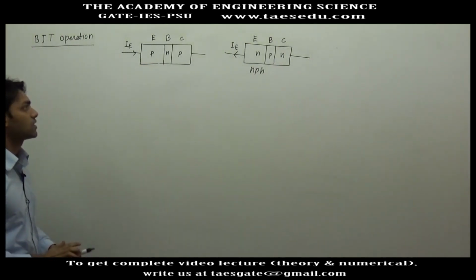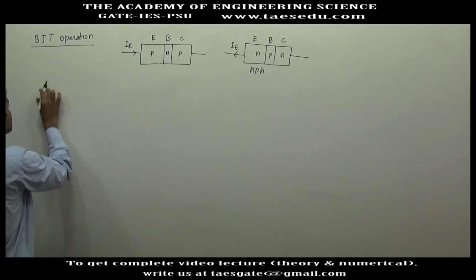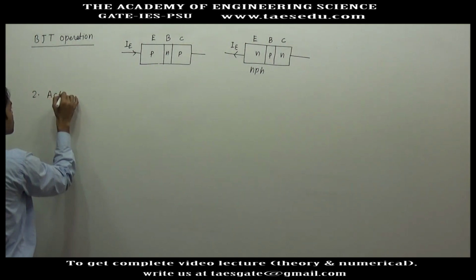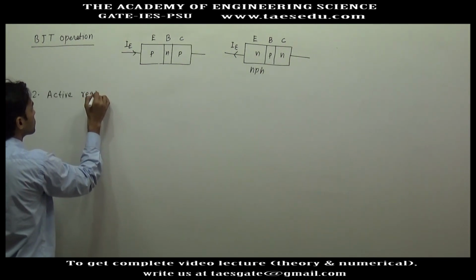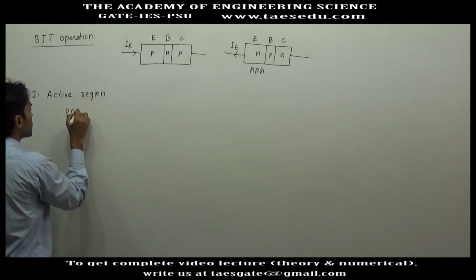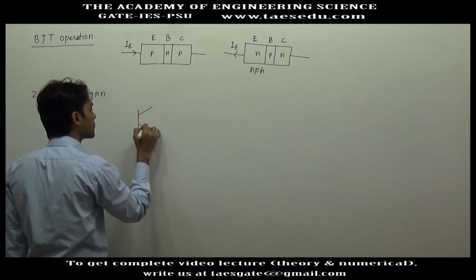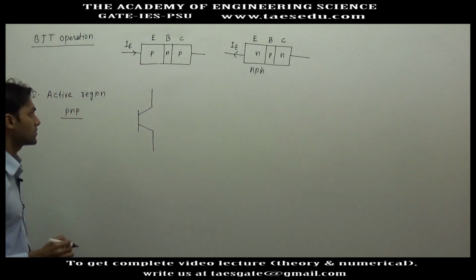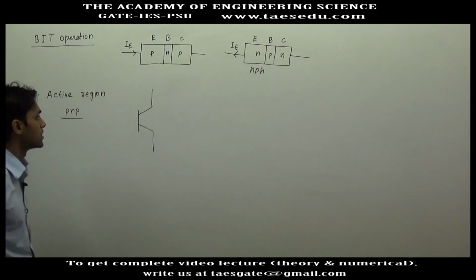Now let us find out the condition of active region for PNP transistor. I will first draw the symbol, and after the symbol we will go to the definition, and from the definition we will derive the condition in terms of voltages.